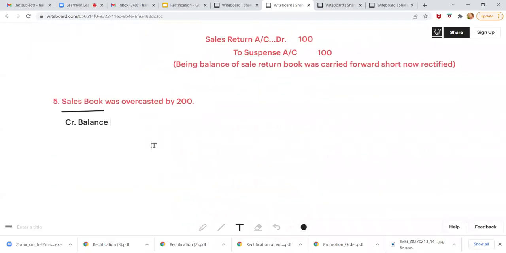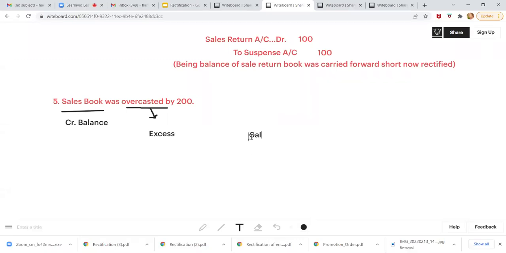But in this question, there is an excess amount in the sales book. So what will we do? Overcasted means there is an excess amount. So to rectify this error, we will debit the sales account, right?